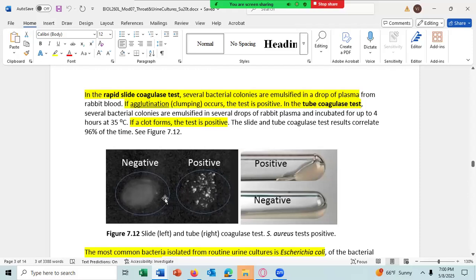You can also do the tube test, where if you are negative for the enzyme coagulase, the plasma will stay liquid, and you tilt the tube, it'll look like that. And if the coagulase is present, the plasma will clot, you'll get a clump like that. Any question about the coagulase test?